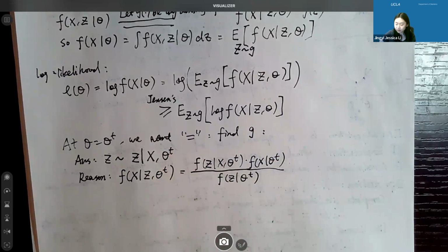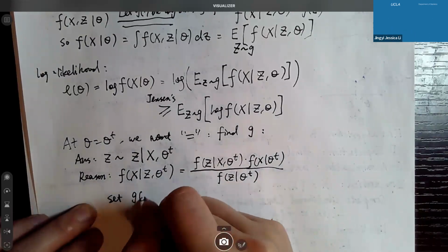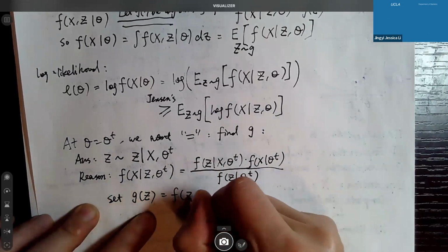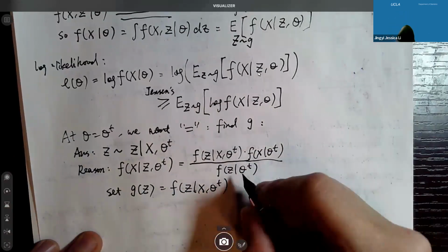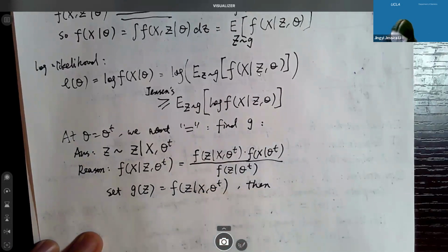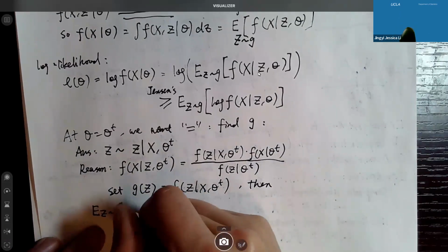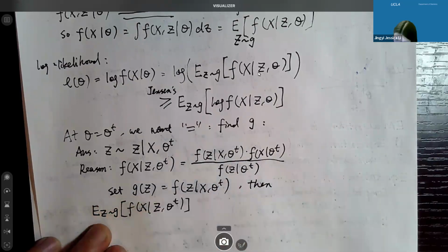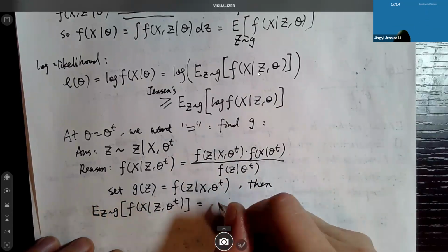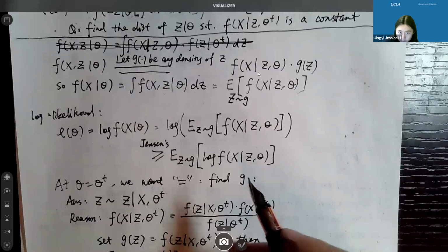Now you can see that if we set the g function to be just like f(z | x, theta_t), and let's move back to the expectation, then what we would have is the expectation of this would just be equal to, if you recall, what we have above here, the factorization.